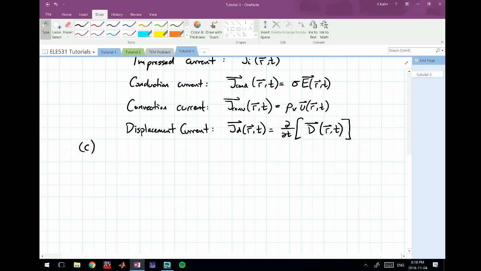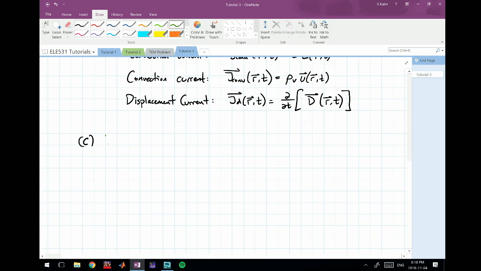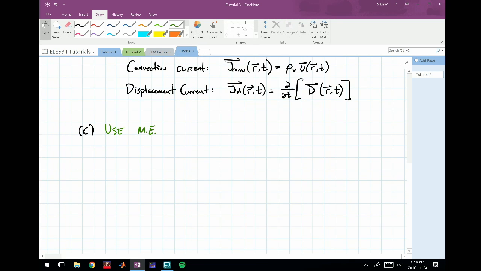So that's that. So now part C says, let's use Maxwell's equations, and we're going to define the frequency domain vector potential.